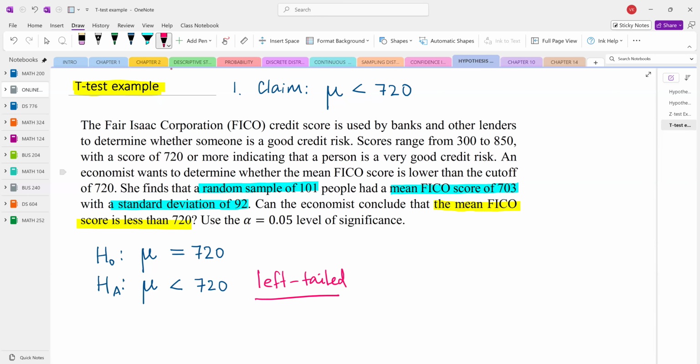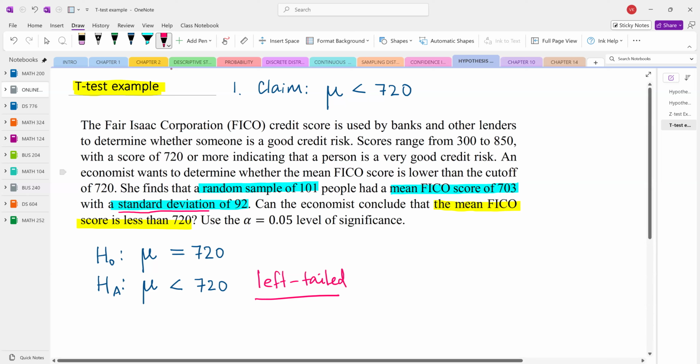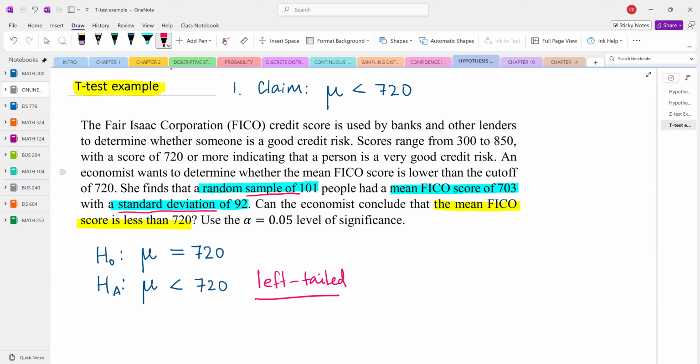What this implies is that the standard deviation is the one found in the random sample of 101. So presumably this is the sample standard deviation and not the population standard deviation. The population standard deviation is not known in this problem.